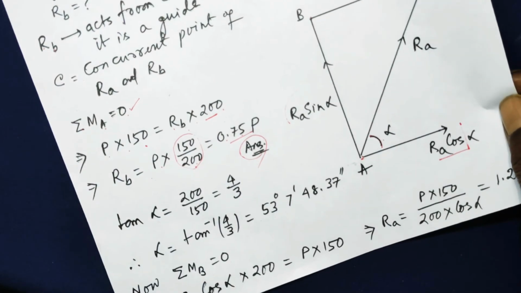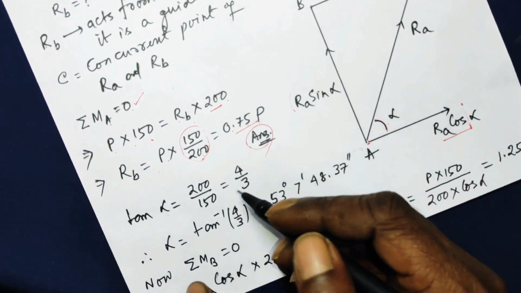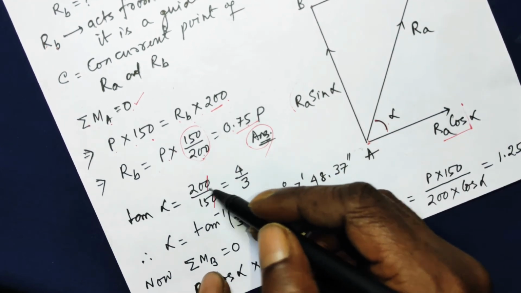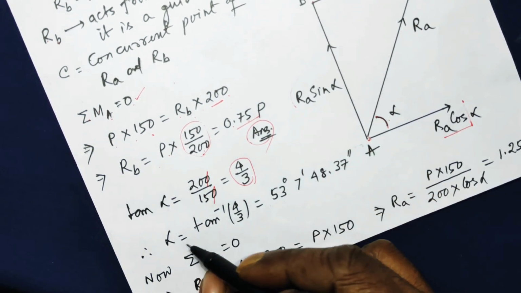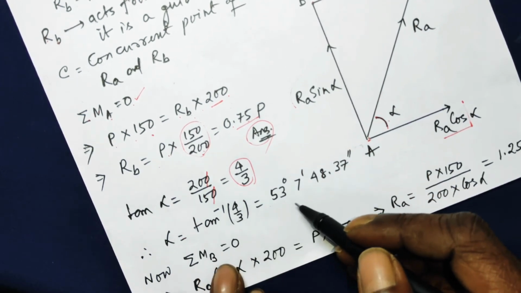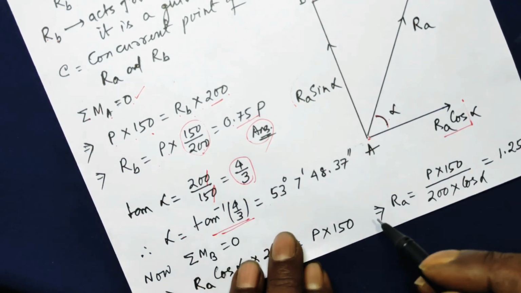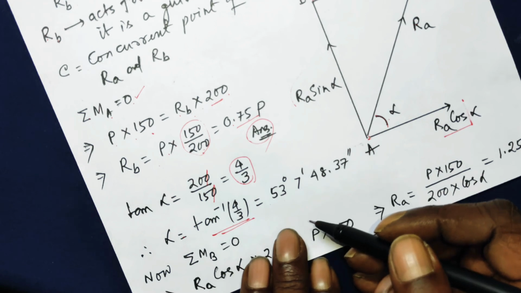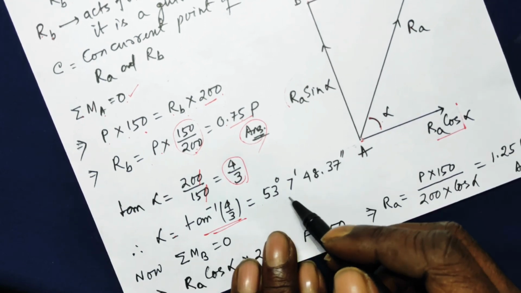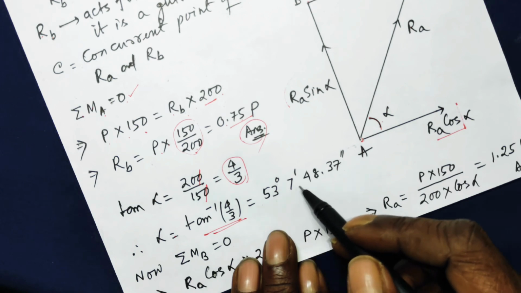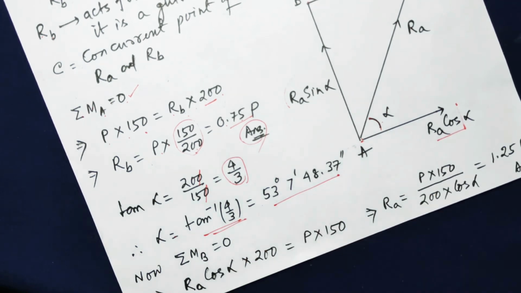So tan alpha is equal to 200 mm over 150 mm. Millimeter cancels, so we are left with 4 by 3 as the tangent of alpha. So alpha is tan inverse 4 by 3. Put it in a scientific calculator if you have one, or you can download one from the Play Store. Very good scientific calculators are available. Then alpha comes out to be 53 degrees 7 minutes 48.37 seconds of arc.